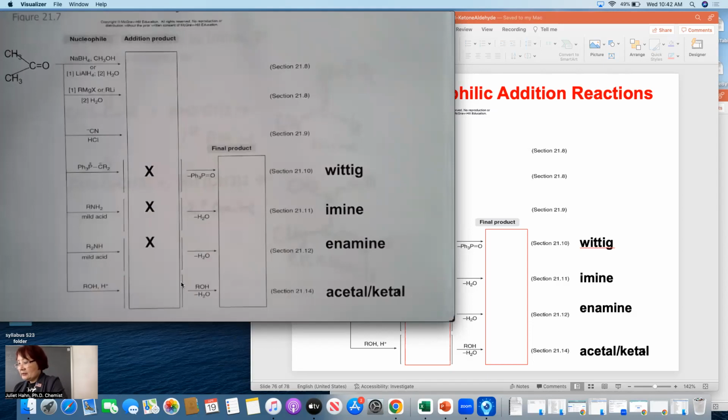The imine, the primary amine goes to an imine, the secondary amine goes to an enamine. The imine is where you replace the carbonyl oxygen with a nitrogen and you have an R group hanging off of it because it's a primary amine. Enamine, you have 2 R groups hanging off the nitrogen that replaces the oxygen, and then you have to have a double bond on the carbon next to the carbonyl carbon.